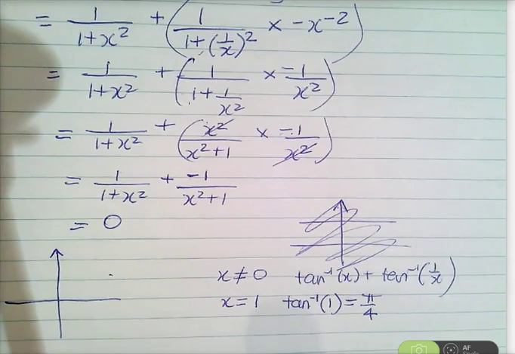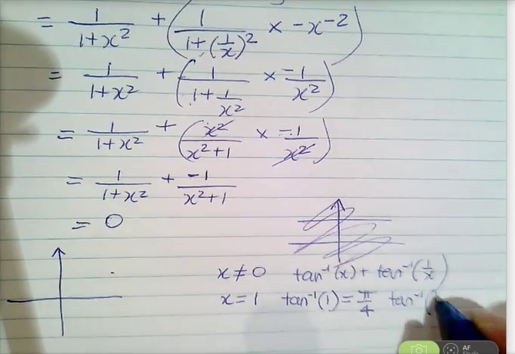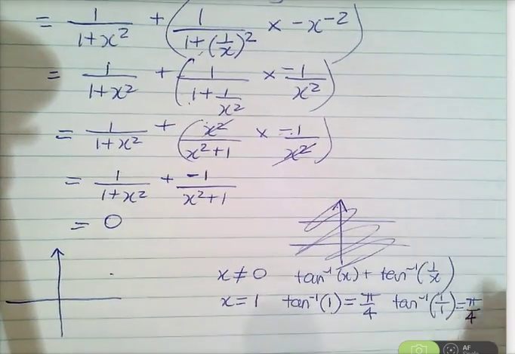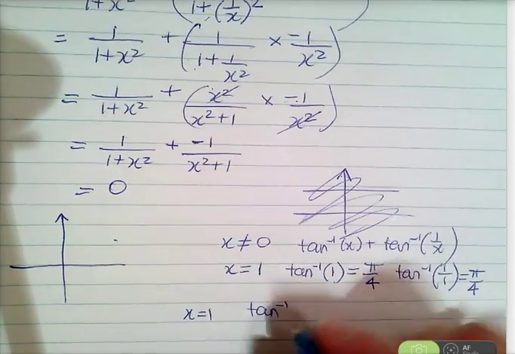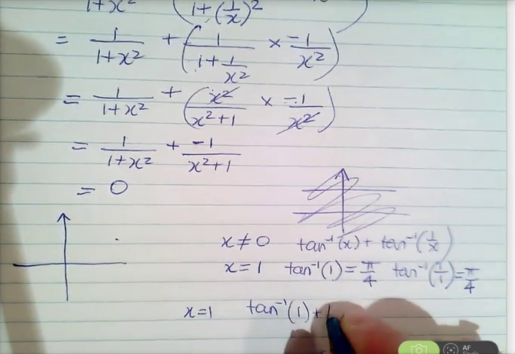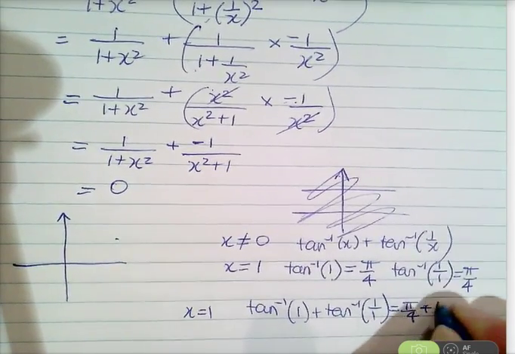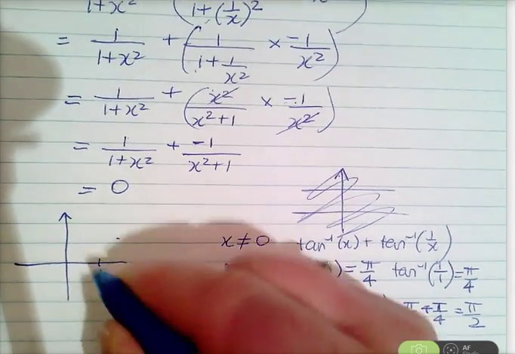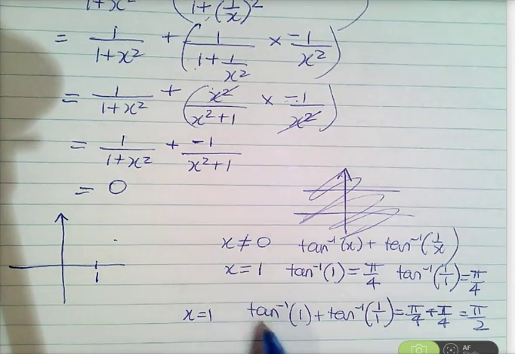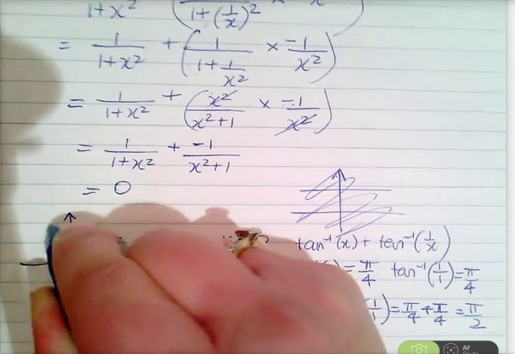So when x is 1, the inverse tan of 1 plus the inverse tan of 1 over 1 is pi on 4 plus pi on 4, which is pi on 2. So we know that when x is 0, you've got undefined. When x is 1, we've got pi on 2.